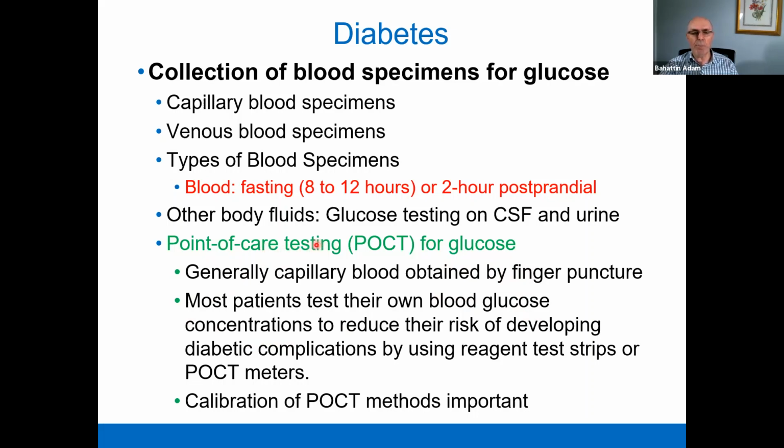Generally we use capillary blood by a finger puncture, as I showed you before, get a drop of blood and measure the blood glucose level.